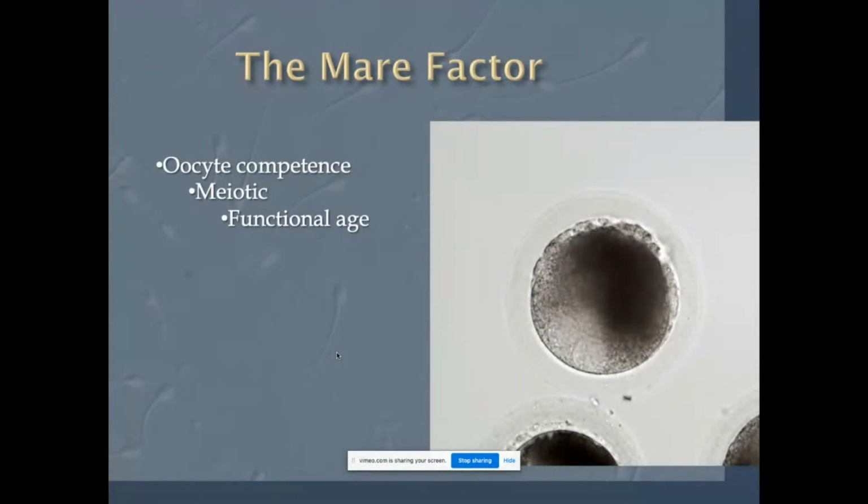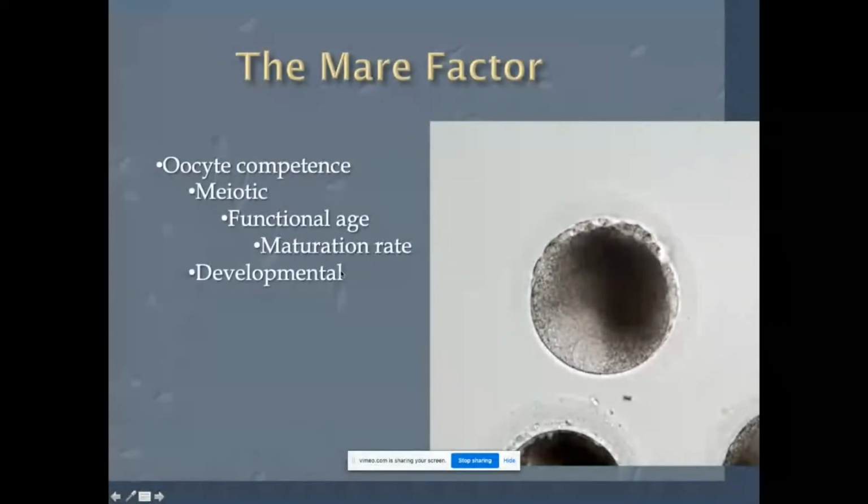Is it mature enough and not overly mature? This oocyte on the right is one that's been fertilized. The lipids, these are more evenly dispersed. You can see it's extruded some material. And here's actually a couple of pronuclei. This is probably about 18 hours after fertilization. So the functional age will determine the maturation rate largely.